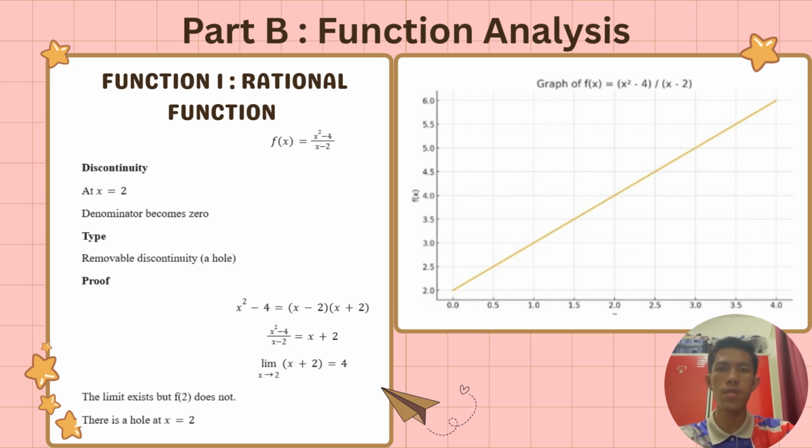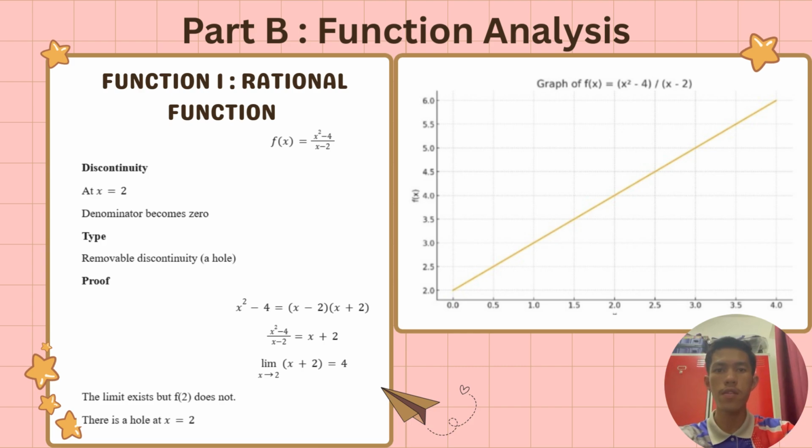This allows us to cancel out the common factor, which is (x minus 2), from both the numerator and the denominator. For all x not equal to 2, our function is mathematically equivalent to the simple linear function f(x) equals x plus 2.